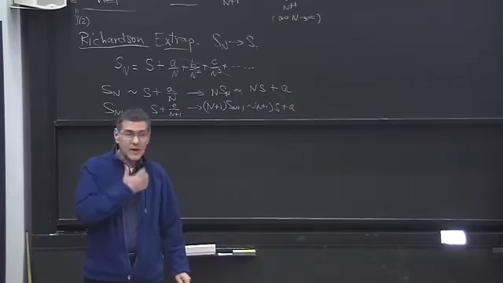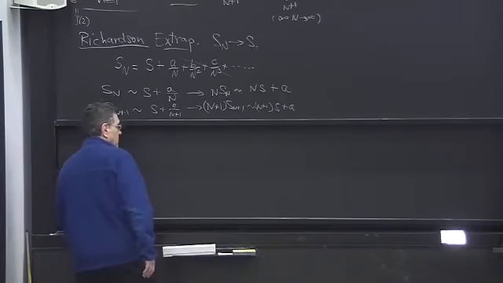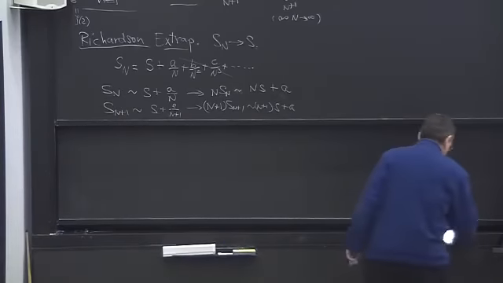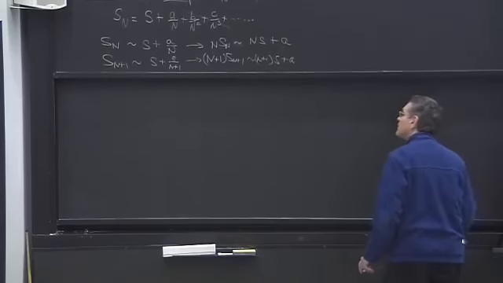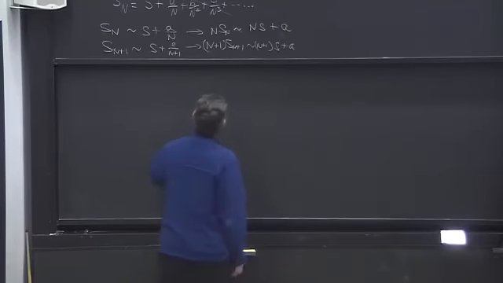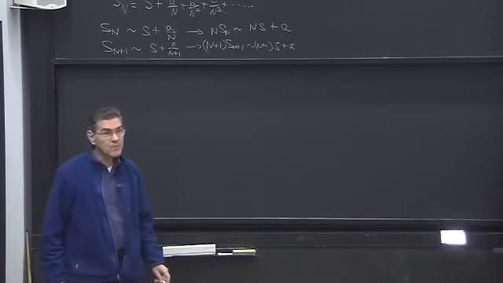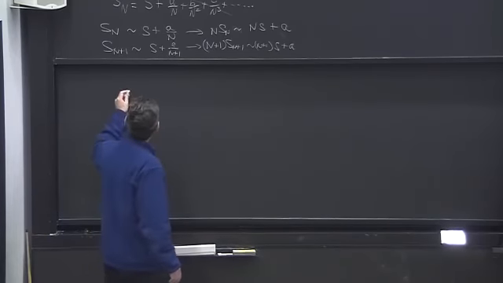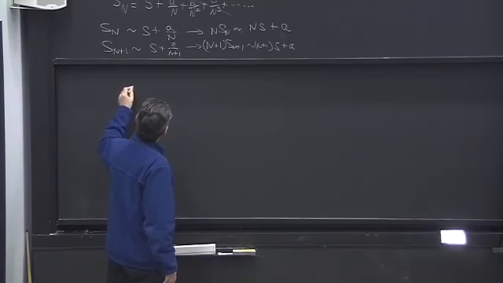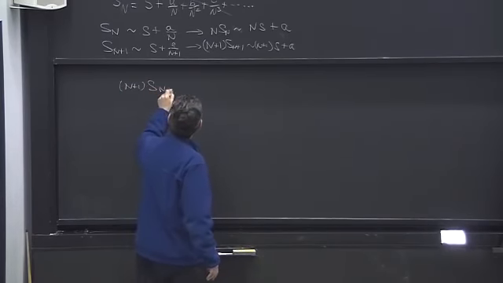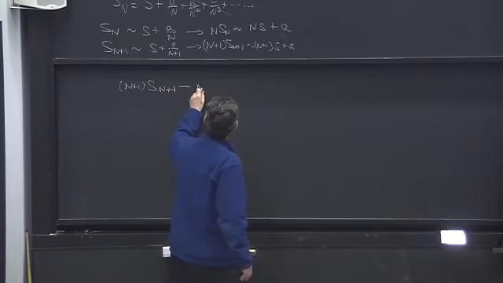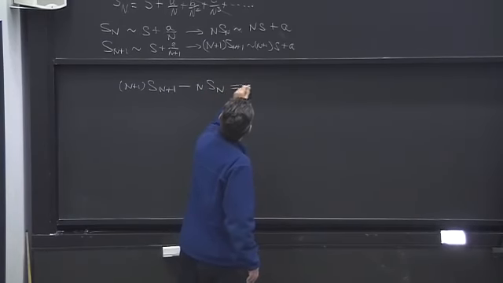Okay? And now, all I need to do is subtract the top equation from the bottom equation. And what I get is that n plus 1 times Sn plus 1 minus n times Sn is s.